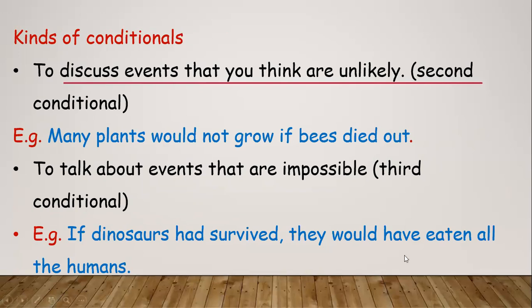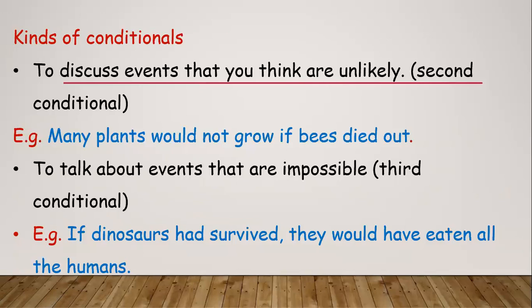So the second conditional is used to discuss events that you think are unlikely or less probable than other situations. Almost impossible, almost, because the third conditional, guys, is to talk about events or situations that are completely impossible, right? So that is the third conditional, and we are going to explore it next week.